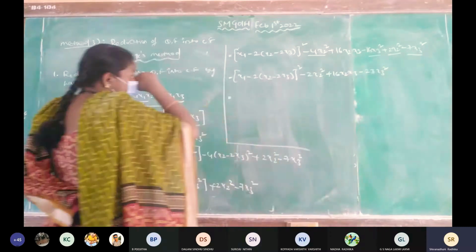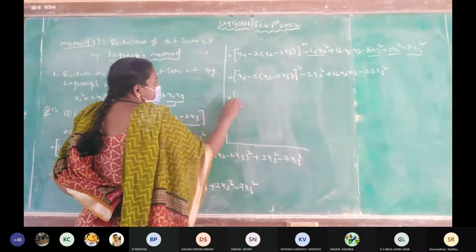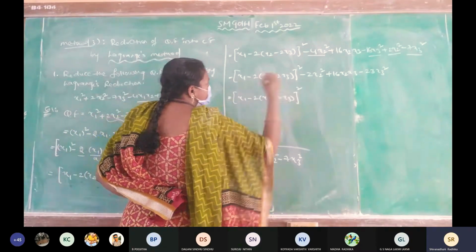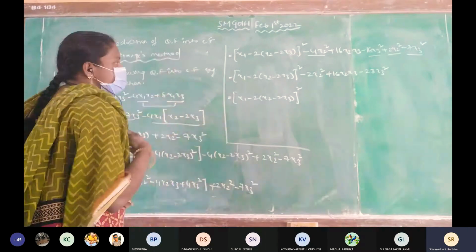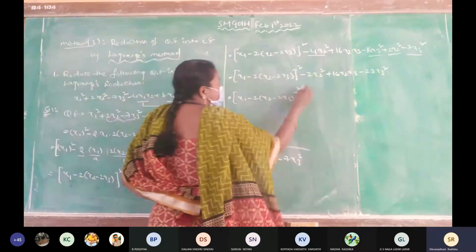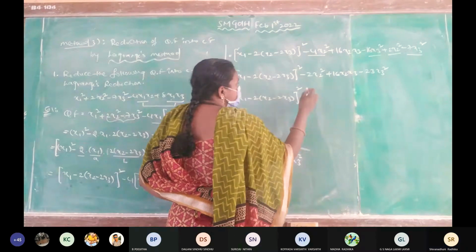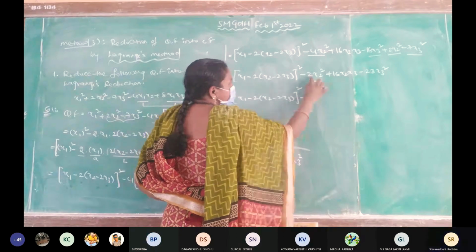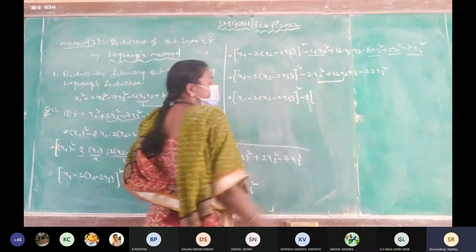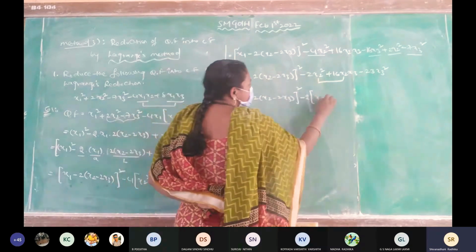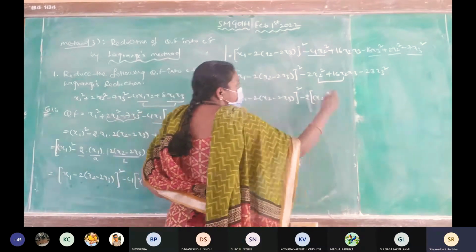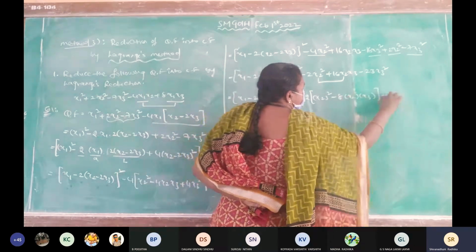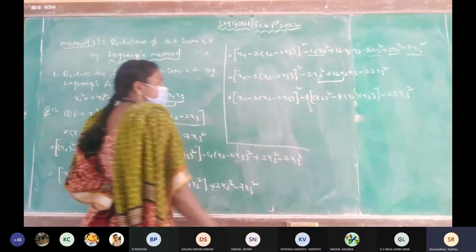Now, see here, x1 minus 2 into x2 minus 2x3 is the same. Is it clear, all of you? Now I am going to take the minus 2 common from these two terms. Then what is the remaining here? x2 whole square minus 8x2x3 minus 23x3 square.